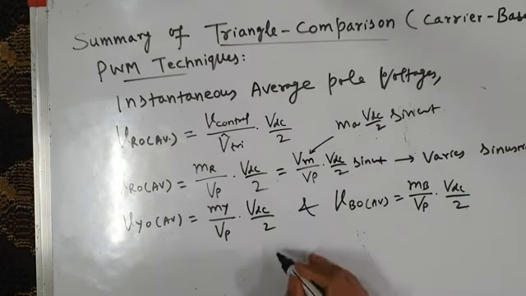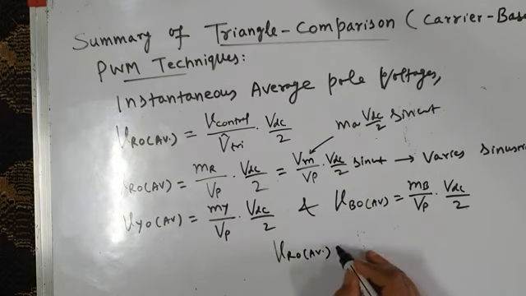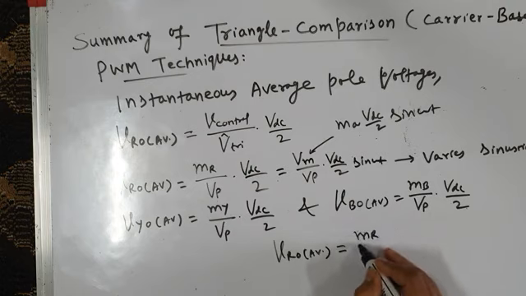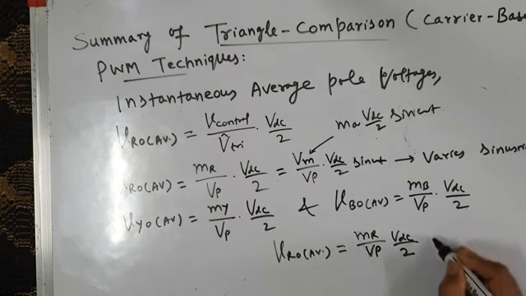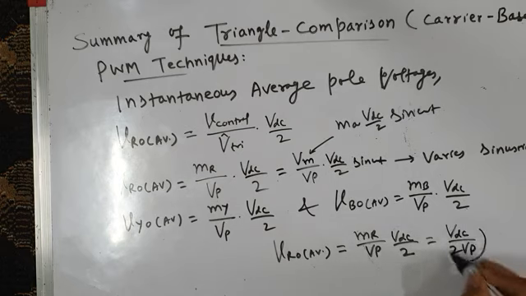And very interestingly, if you again take the instantaneous average value of pole voltage VRO, it is MR by VP, VDC by 2. Or you can say it is VDC by 2VP into MR. I have told you in many classes previously that whatever is the pattern of your modulating wave or target reference wave, the same will be the nature of the pole voltages.